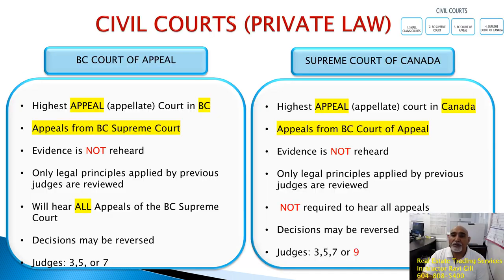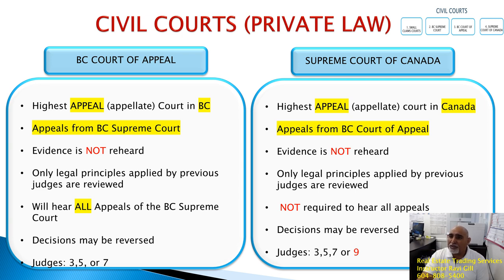Okay, so now we're going to look at the BC Court of Appeal and Supreme Court of Canada. We looked at the first two, small claims and BC Supreme Court. Small claims, remember, it's the lowest trial court. This is called the highest trial court, but really this is a trial court and an appeal court.